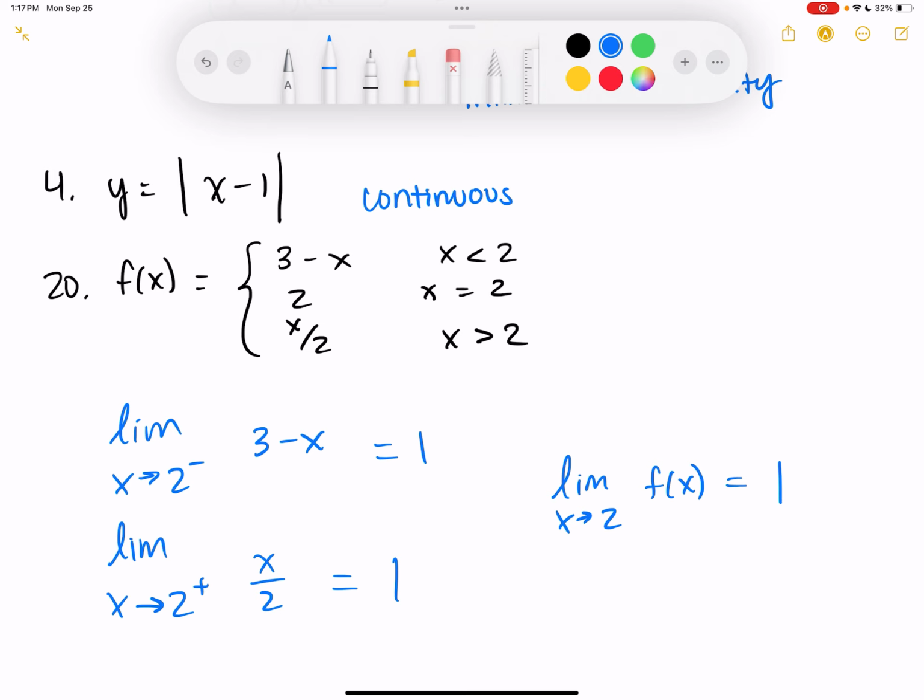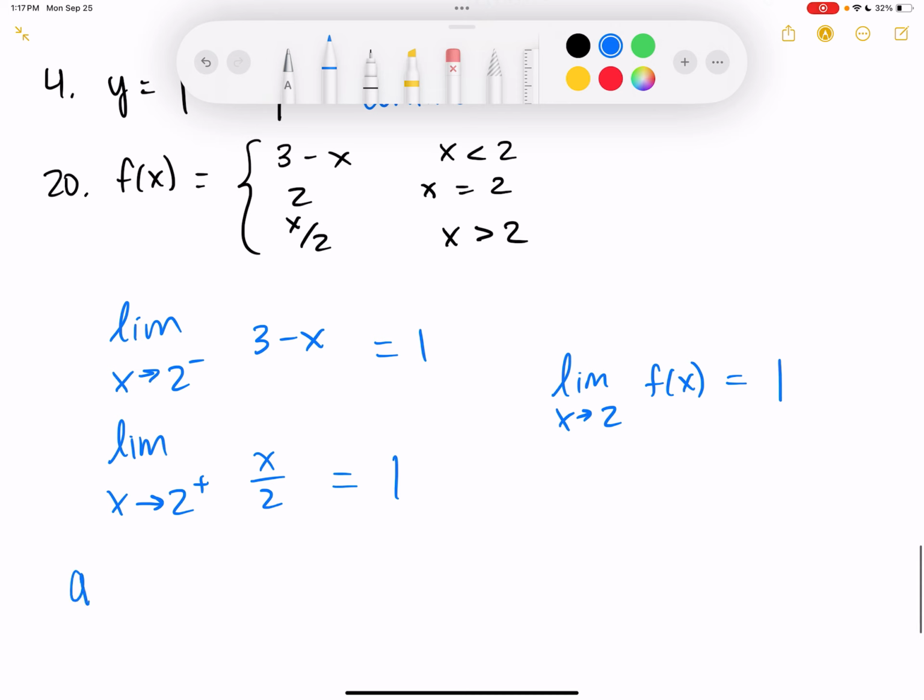What is it equal to, according to what's written on my function that was given to me? X equals 2. So f of 2 is supposed to be equal to 2.